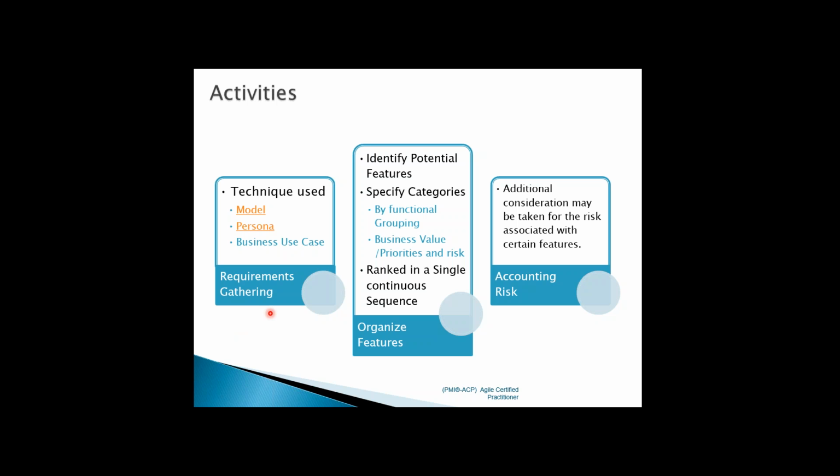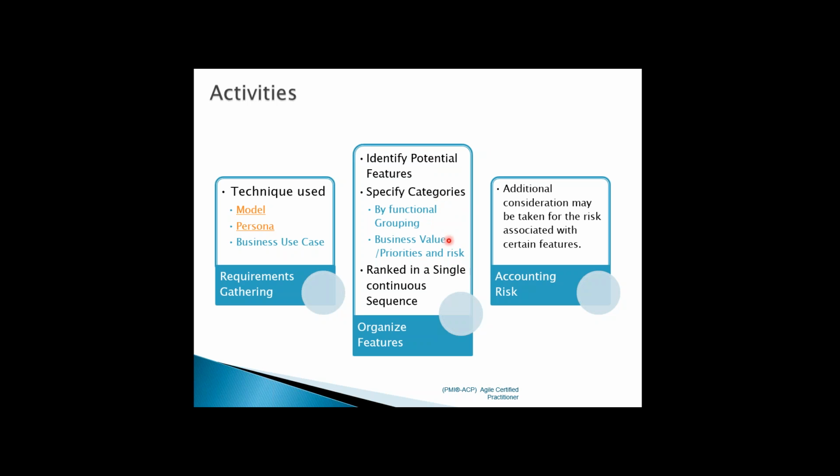This process is meant to give the development team a starting point, right? And then we'll move on to discuss how to identify the potential features. We are going to specify the categories by functional grouping, by probably business value, priorities, and we also associate risk, right?